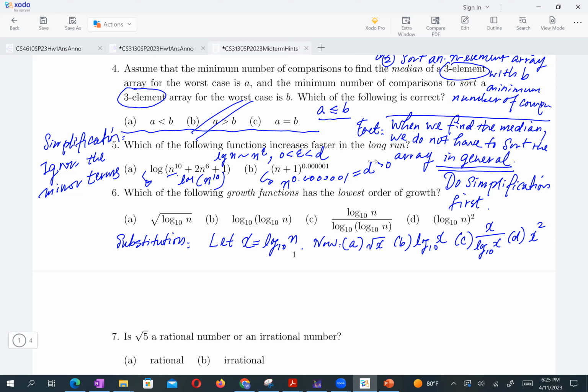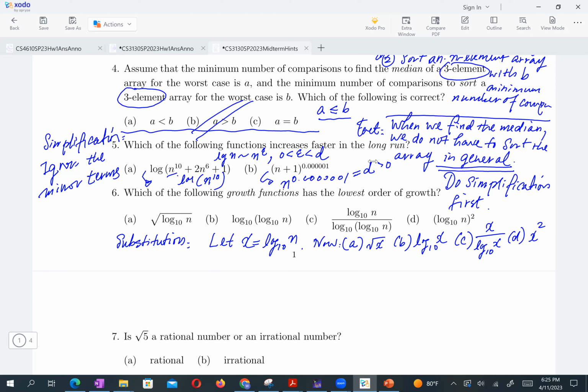Use that way, connecting the dots. So we need to use that method from our homework assignment number 1. After simplification, you can apply it.